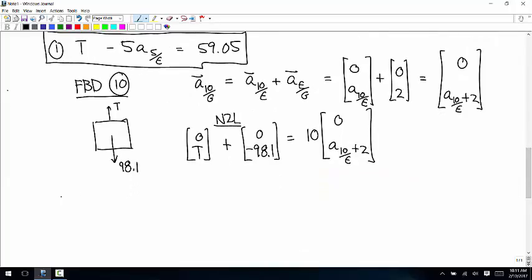And we get our second equation. It says T minus 10 A10 relative to the elevator is equal to 10, what's that equal to? Add 20, so 118.1.